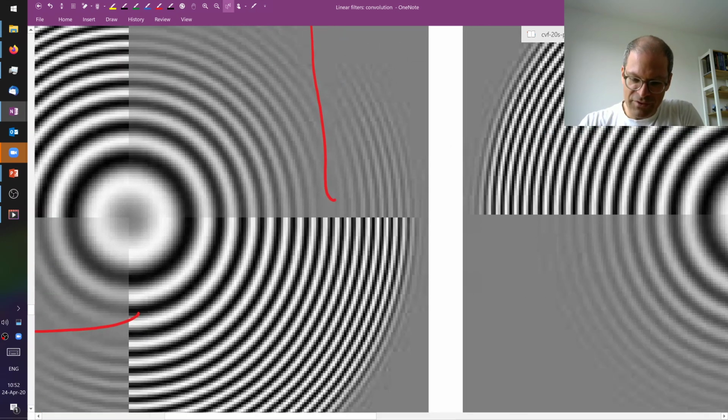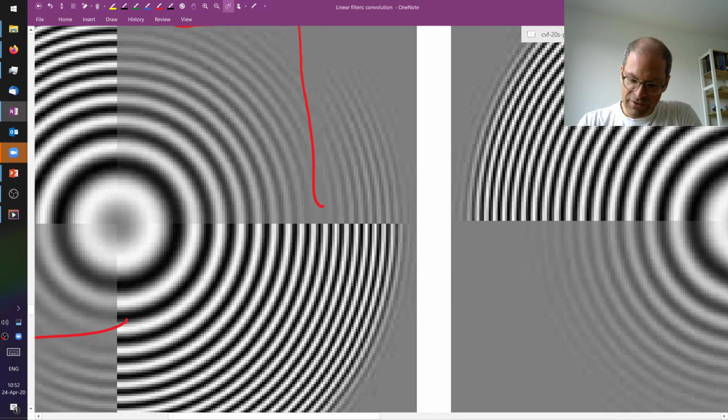So outside, you see it phase inverts. So the test pattern are concentric rings. So this wide ring in the test pattern continues white, but if you look at the output, it continues as black. So what you see is that the box filter introduces really strange artifacts.